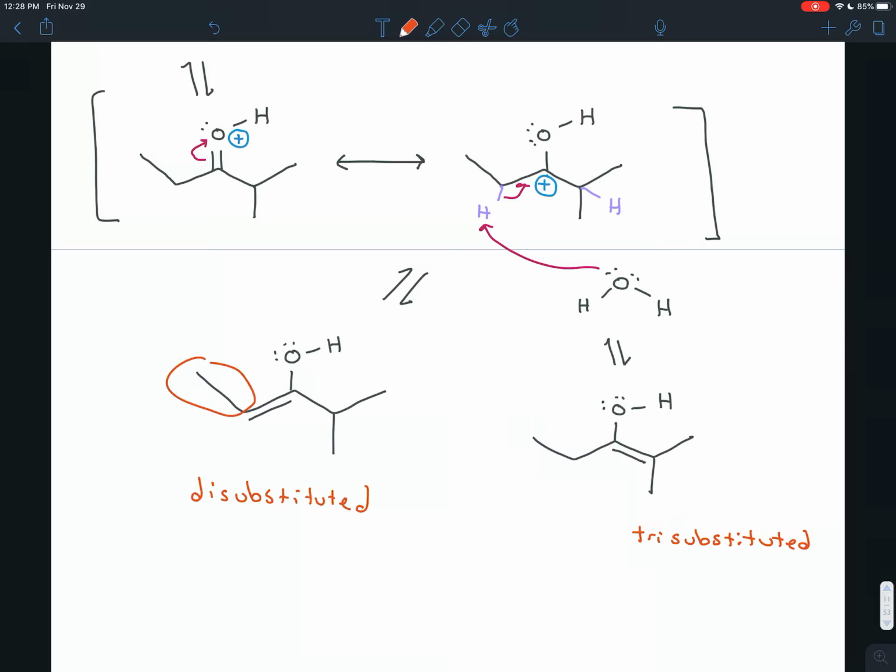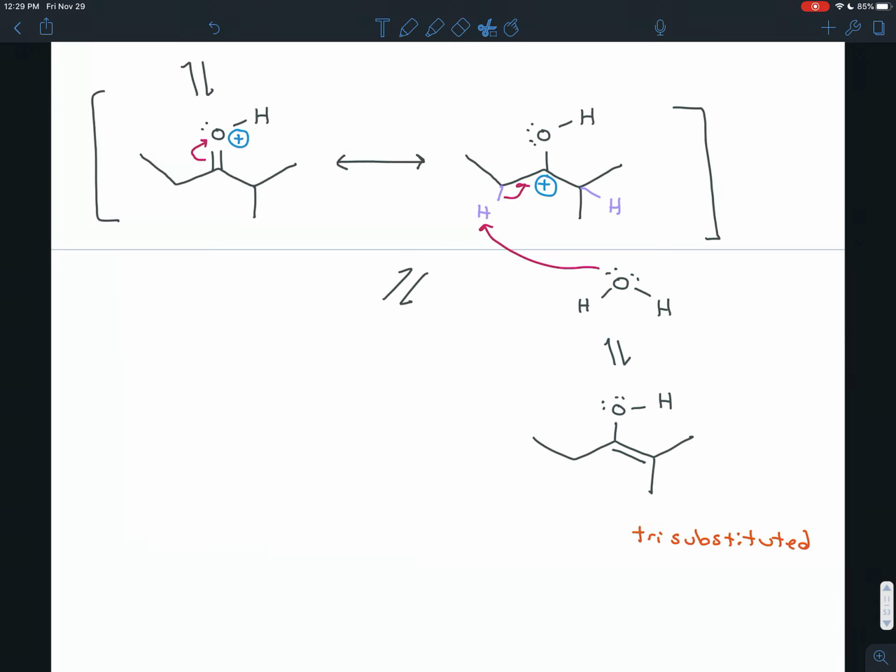So there are only 2 places where hyperconjugation can allow the electron density to spread out, whereas here there were 3 places where hyperconjugation would allow the electron density to spread out, because the electron density would spread out more here. That's more stable. The more substituted product is more stable, and so it's more likely to form.